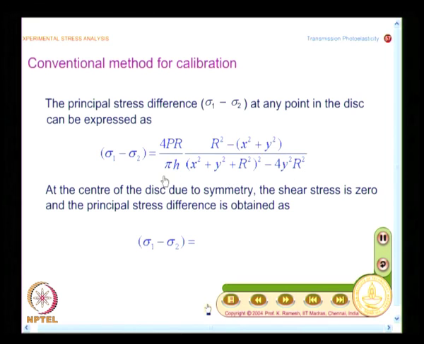And although for the conventional method I need only the values at the center of the disk, I give this as a generic expression in x and y with a purpose in mind.